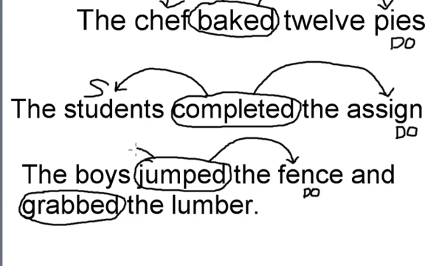Oops, forgot to label my subject. The boys did the jumping. The boys jumped fence. Jumped what? Jumped fence. And grabbed what? Grabbed lumber. So in this sentence, we have two verbs. Each verb may have a direct object, and in this case, they both do.